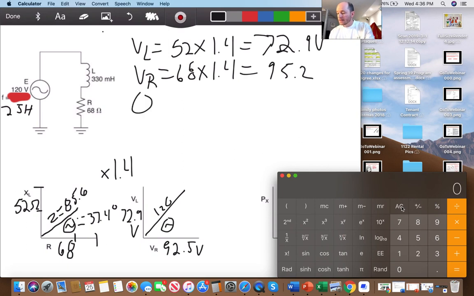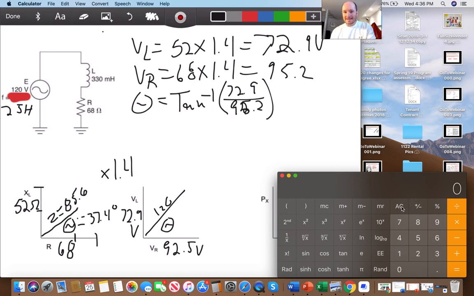Now let's figure out our phase angle. Here's my phase angle. That's going to be inverse tangent of VL over my VR, which is 72.9 over 95.2. Did I do that again? Maybe that's why my value is off.